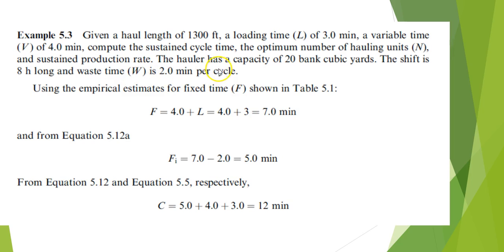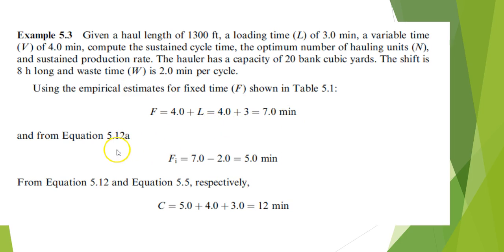So if a hauler has a capacity of 20 bank cubic yards, BCY, if the shift is 8 hours long, and you waste about 2 minutes per cycle time, if you use the formulas that we looked at in table 5.1, you'll get a fixed time component of 7 minutes.